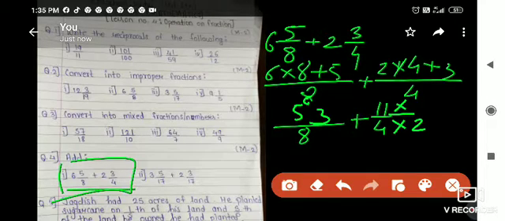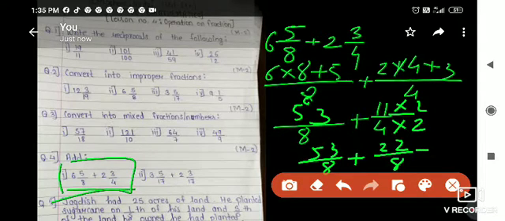So I have to multiply the fraction 11 upon 4 by 2. Now I got 53 upon 8 plus 11 twos are 22 upon 8. Next step is 53 plus 22 upon 8.